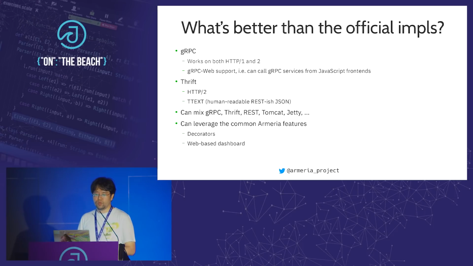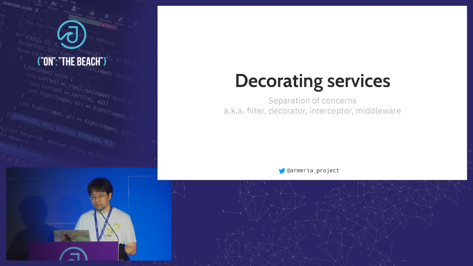For example, some customers want to send gRPC, and some other customers want to use Thrift. Some other customers prefer REST. In that case, it can be consolidated very easily. And also, it allows you to leverage very rich features provided by Armeria, like decorators and web-based consoles. I'm gonna show you soon.